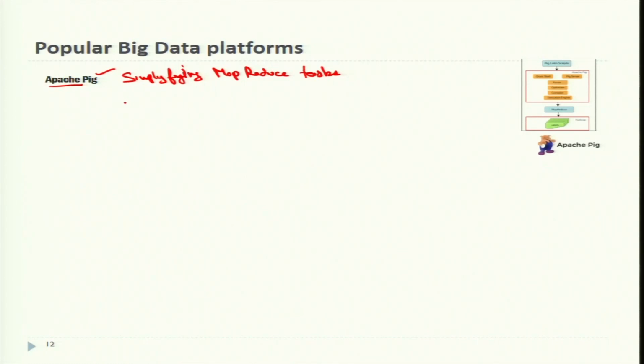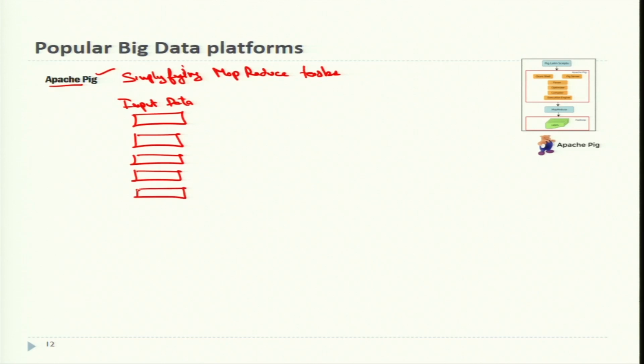We have the input data in various forms. It could be in an Oracle database, it could be Cassandra, it could be any system, any raw data in textual form or in structured form. We try to map the data to our requirement.